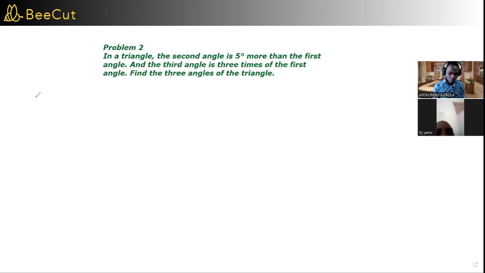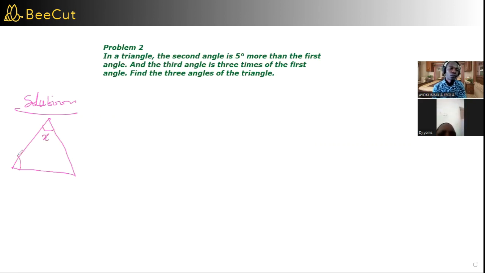Now, what we have here as a solution to this. Solution. From the question, you have 3 angles in a triangle, of course. 1, 2, 3. If this is the triangle, the first angle is not known.